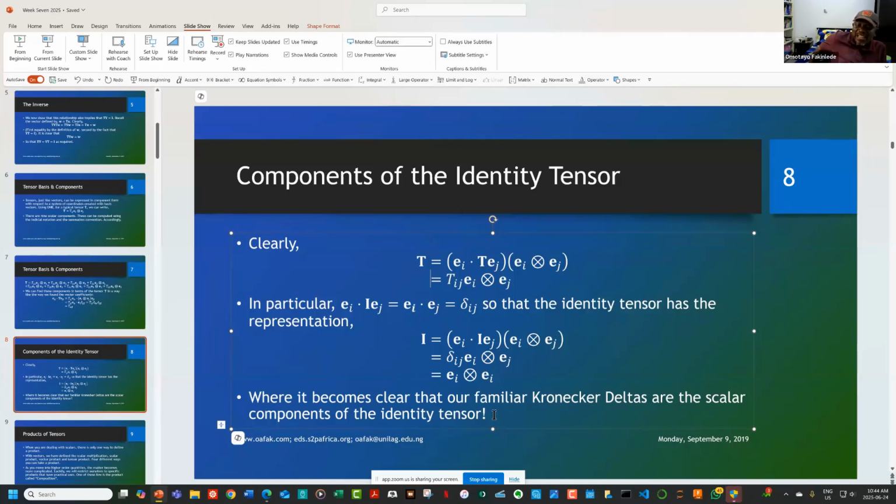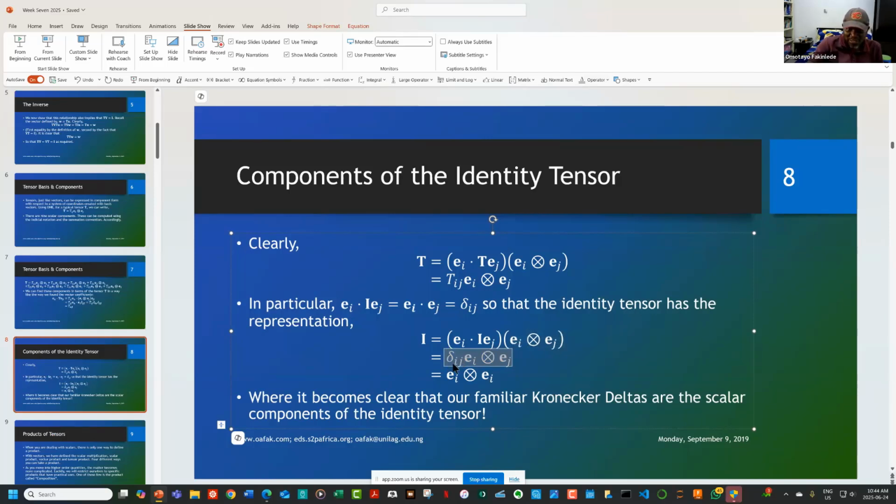It looks like a trivial thing, but it is not trivial. It plays a lot of roles, and you can see how influential the Kronecker deltas have been, and they are actually the scalar components of the identity tensor, as you can see from this equation.